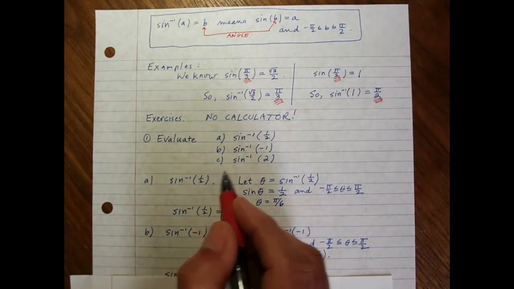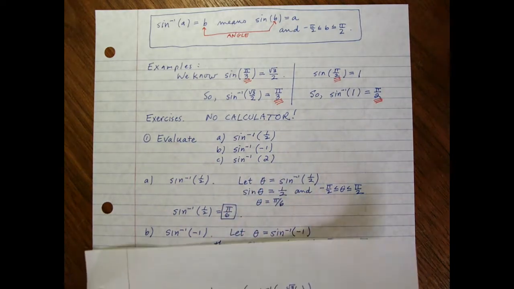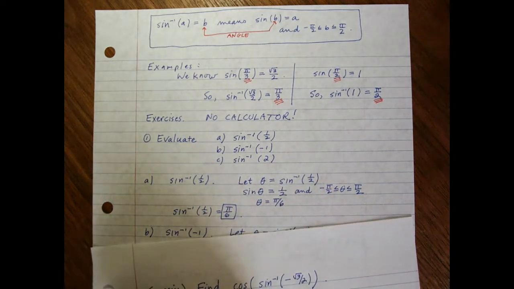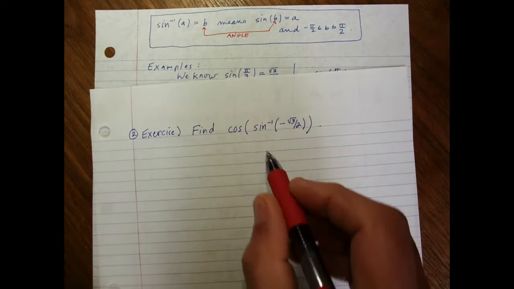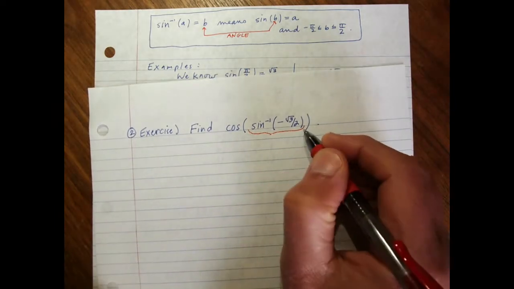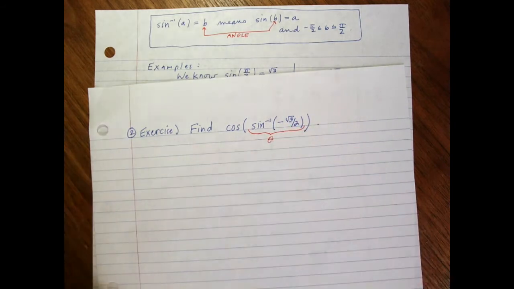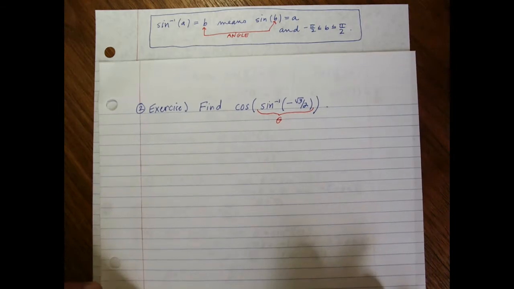So I was letting the A, B, and the C in the first exercise be equal to theta. This is number 2. Here, it's really this quantity inside parentheses that we would want to call theta because it's the output of the inverse sine function.